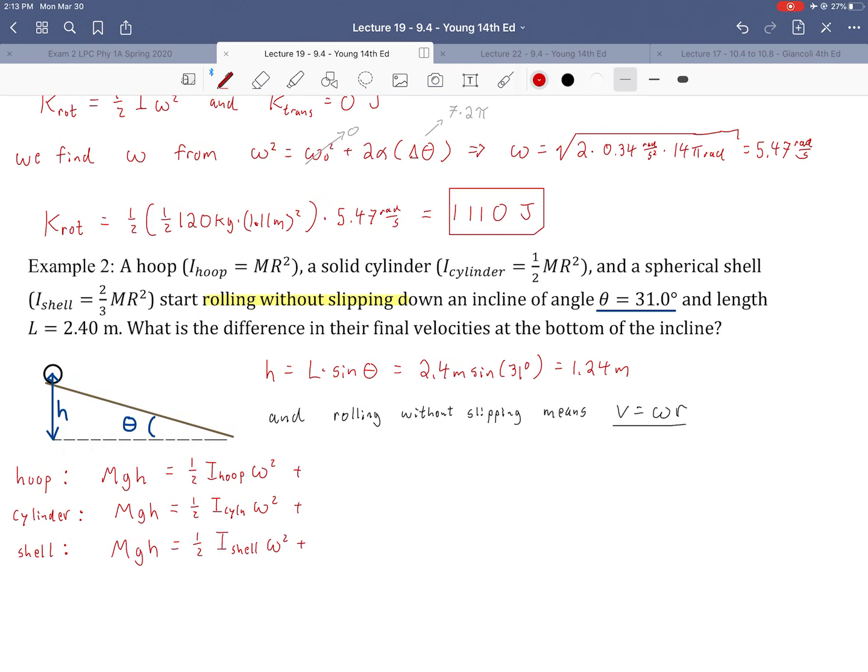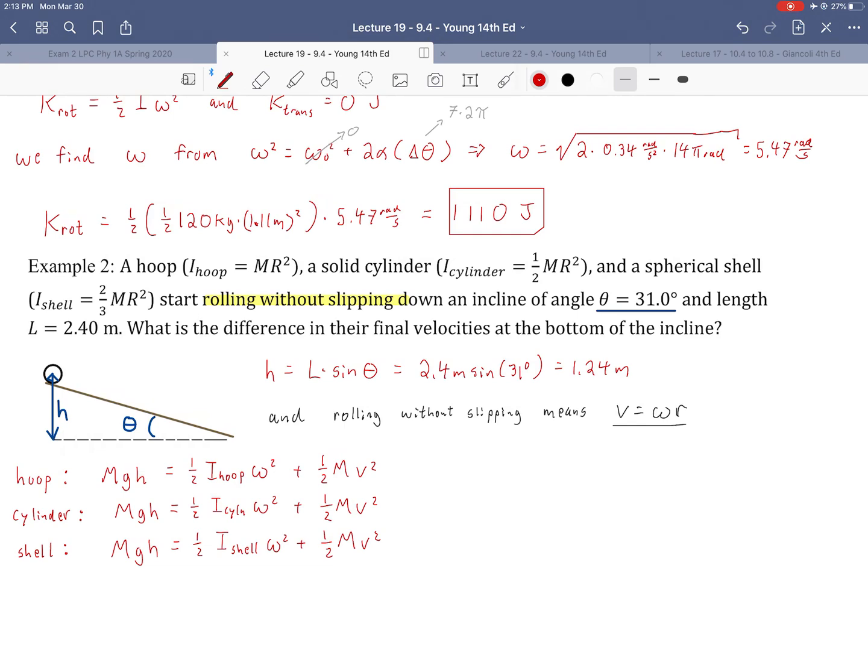They each have a second term, the translational kinetic energy term, and that's just going to be 1/2 mv squared, 1/2 mv squared, 1/2 mv squared. Except I should be using capital M for all of them, so let me fix that. Okay, now I'm not saying they have the same v's or any of that, but that's what it looks like.